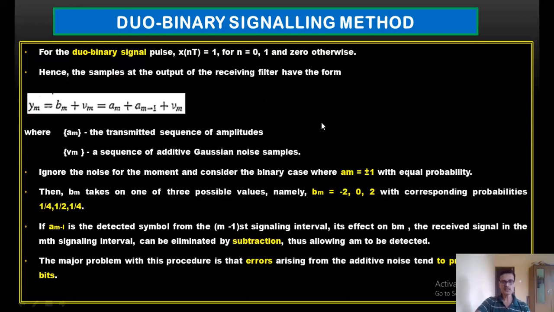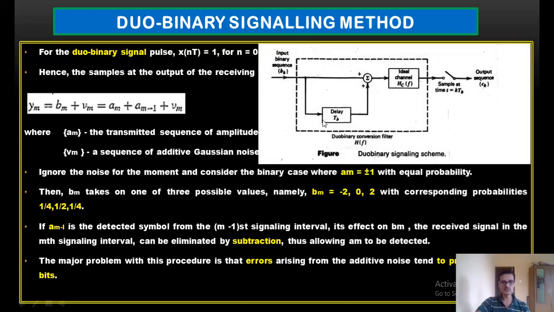For this particular case, I will take this example, which is the diagram for a DuoBinary signaling scheme. What we have used here is a simple adder. We are going to add the present bit, let me say A_m, with the bit at the previous symbol interval, A_(m-1). Both are allowed to interfere with each other through the addition here, so the output is B_m, which is nothing but A_m plus A_(m-1).